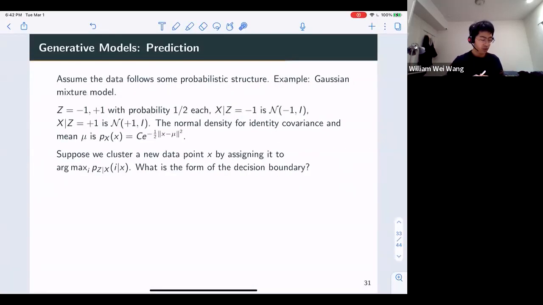Okay. So let's talk a little bit about generative models. You can try to fit generative models to data, and the way we fit generative models like a mixture of Gaussians is usually with EM, which is a topic that I'm not going to really cover today, but you should review it a little bit.